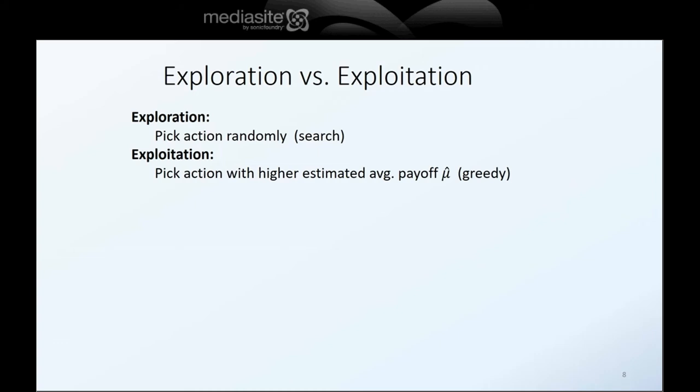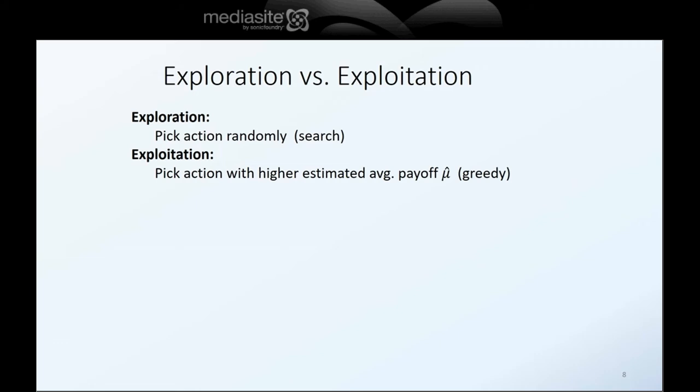So you don't know mu1 and mu2, but each time you keep track of the rewards that you are getting by pressing lever 1 and lever 2 respectively. And then you average them out, and that gives you an estimate of the payoffs, mu. And that's mu hat.